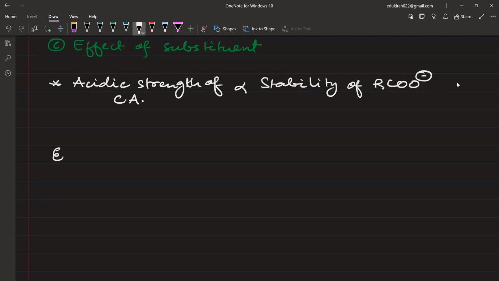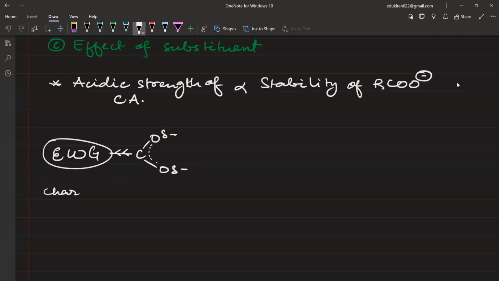So if I have an electron withdrawing group that is attached not to R, but to the carbon which is having the O negative charge. And the O negative charge, as we just saw, will be in resonance like this, delta negative and delta negative. Now if this electron withdrawing group pulls the electron, the density on the oxygen atom will decrease further. So I can write, charge density decreases, and what will happen to the stability if the charge is decreasing?